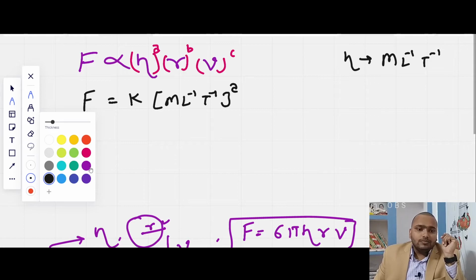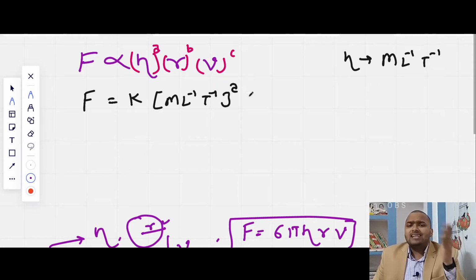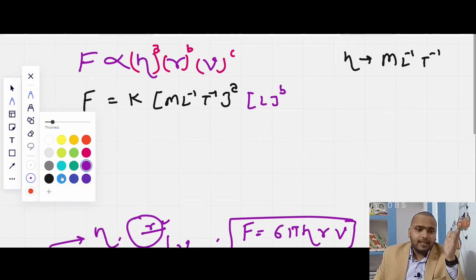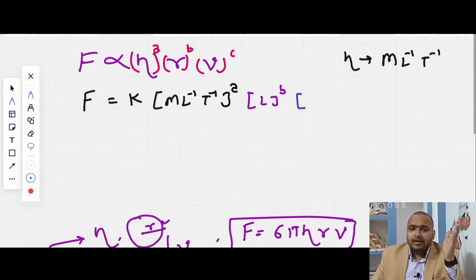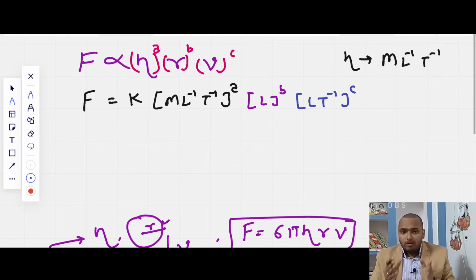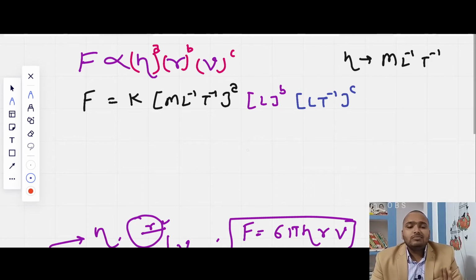Now r is distance, so we write L to the power b. Velocity is L T^-1, to the power c. This is not a very big task if you practice.